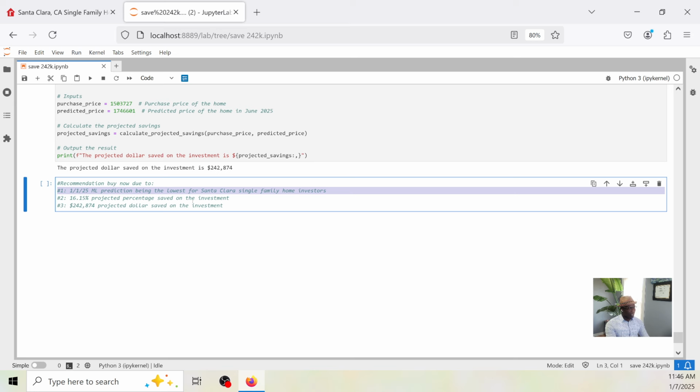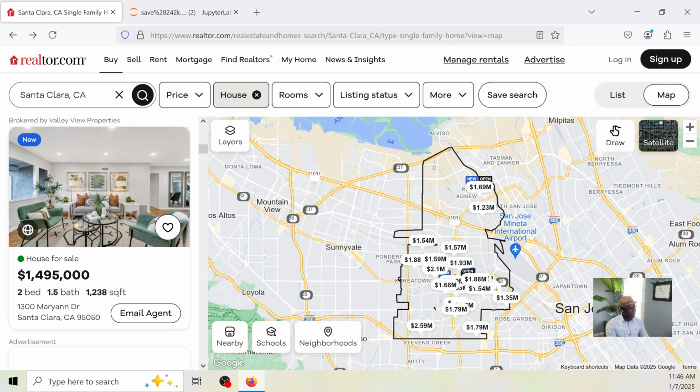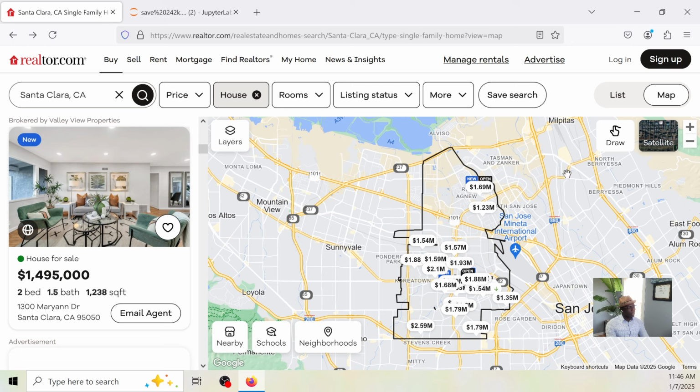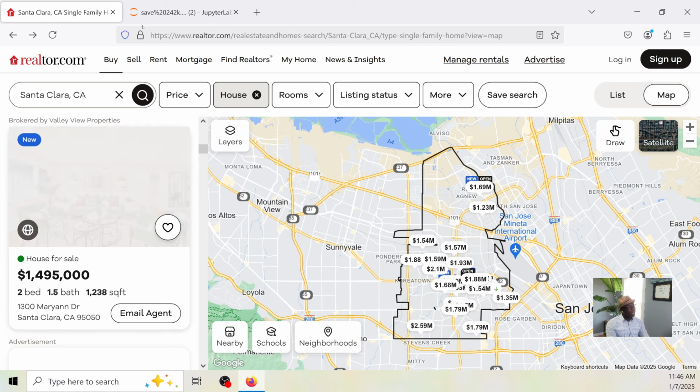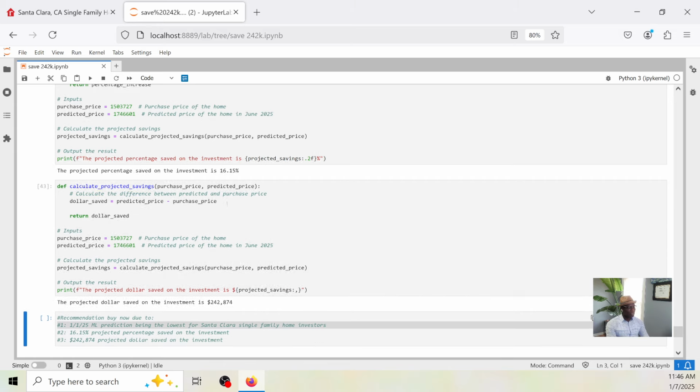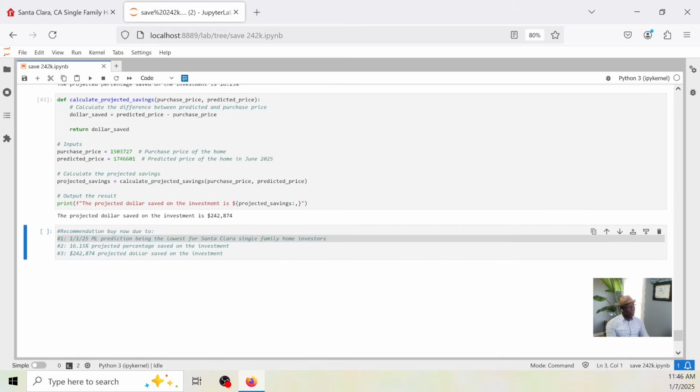So just to summarize and to put that in perspective, these same homes, for instance, that are like 1.5 million now, 6 months from now, are predicted to actually increase to 1.7 million, right? So these are great buys. Obviously you have to make that decision yourself, and just looking at the data and predicting the future with confidence, the prices are projected to get higher.